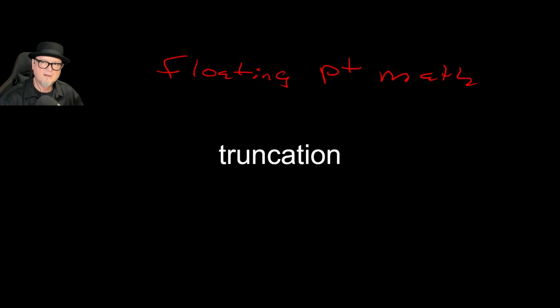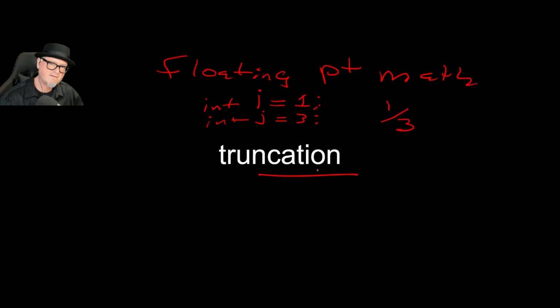So what we found in C, if we took int i equals 1, and we took int j equals 3, and then we performed the calculation 1 over 3, that we'd have truncation of the value.